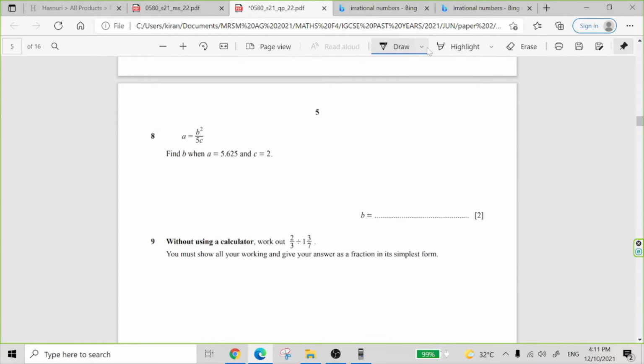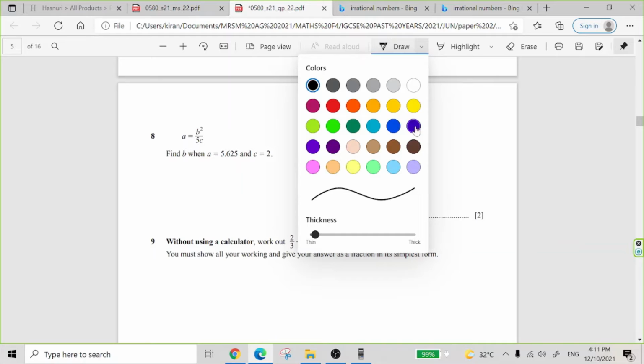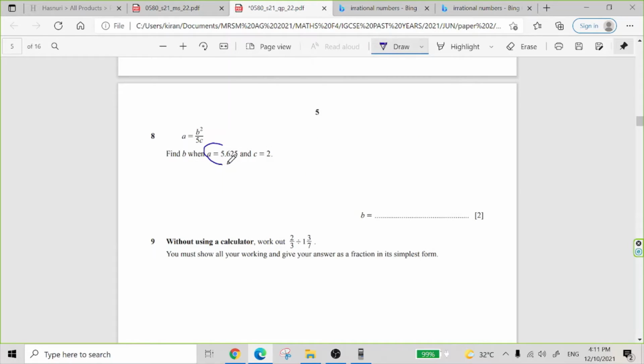Okay, find the value of a when 5.625 a here. Sorry, find the value of B. So this one kita kena guna calculator. Hati-hati bila nak guna calculator. So tak apa, kita letak dulu value dia. At least kalau tengok kat sini 2 markah. At least you substitute the value, you still can get 1 mark.